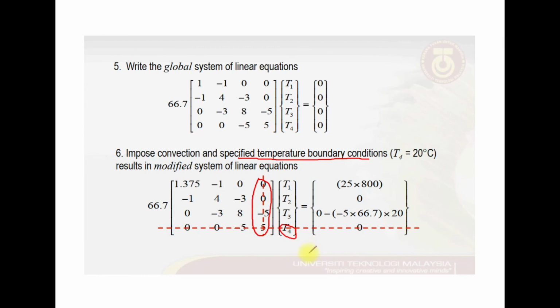At this stage our right hand side should read as 0 0 0 0, which is our heat rate vector R, and then we have all these coefficients which we transfer to the right hand side, which is 0 0 -5 and 5, and all of this must be multiplied by 20.